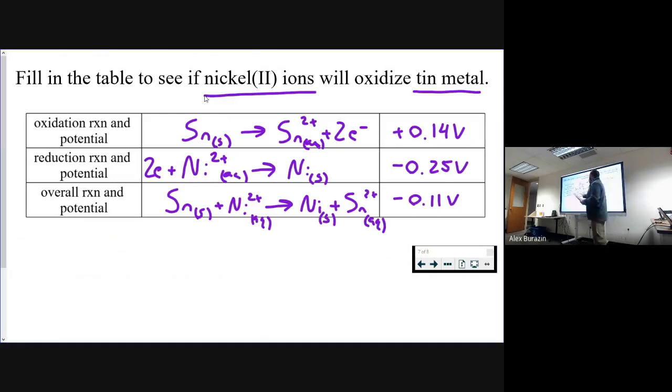So if I flip this whole process, and instead of having tin metal and nickel ions, I instead had nickel metal and tin ions, the reaction actually would happen, because that is the direction that is thermodynamically favorable. Positive cell potential equals thermodynamically favorable. Negative cell potential equals thermodynamically unfavorable, or not thermodynamically favorable, however you'd like to say that.